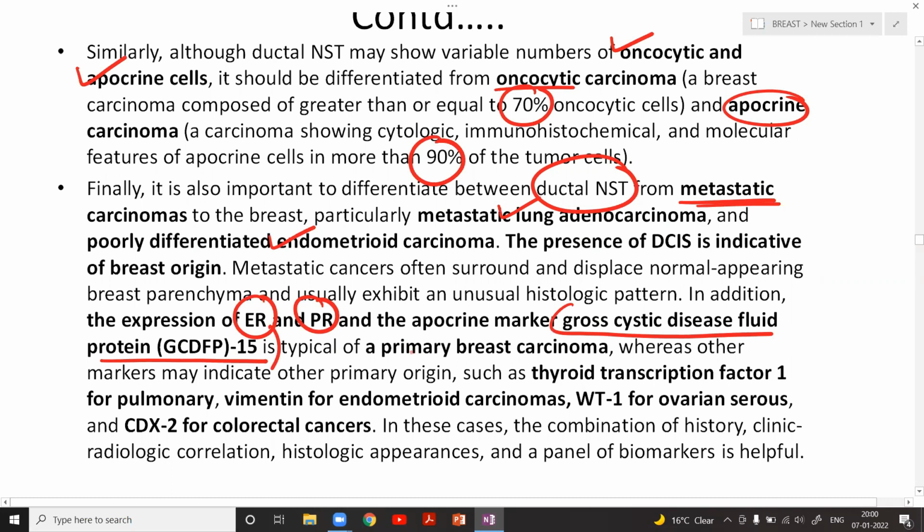ER/PR and GCDFP are positive in a primary breast carcinoma. If it is originating from lung or thyroid, it will be TTF1 positive. If it is from endometrioid carcinoma, it will be positive for Vimentin. If it is from epithelial ovarian carcinoma, it will be WT1 positive. If it is originating from colorectal carcinoma, it will be CDX2 positive. So this is how you have to rule out metastatic breast tumors.